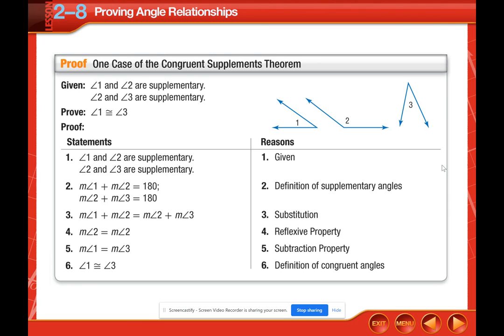Okay, we know that measure of angle 2 is equal to measure of angle 2, given the reflexive property. And then I subtract the measure of angle 2 from both sides so that I'm left with, in 5, measure of angle 1 is equal to the measure of angle 3. And then lastly, using the definition of congruent angles, I know that angle 1 is congruent to angle 3 as their measures are equal.